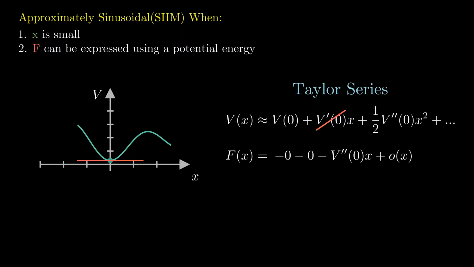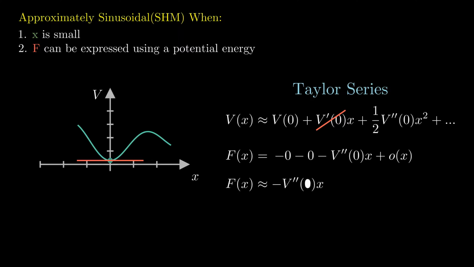When our first condition is satisfied, in other words, x is small, O of x becomes negligibly small. Therefore, we can see that the force can be approximated as minus the second order derivative of V evaluated at 0 times x. Here, the second order derivative is already evaluated at 0, meaning it's just a constant now.